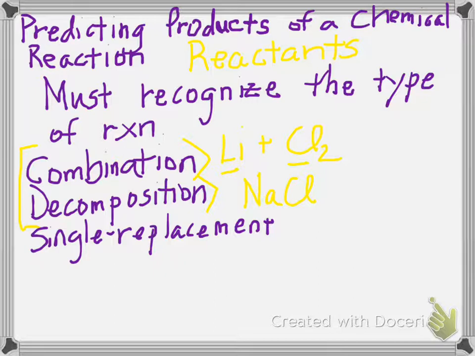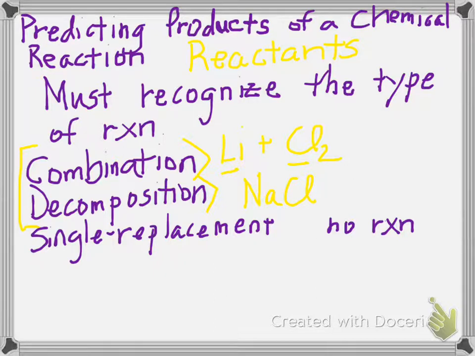And remember, with single replacement reactions, there's sort of a little extra step before you predict the products, because you have to check and see that the element by itself is higher on the activity series of metals or higher in group 17, the halogens, than the similar element in the compound. If it is higher, go ahead and write your products. If it's not, remember you're going to write no reaction. So occasionally for a single replacement reaction, you might write no reaction as your products.